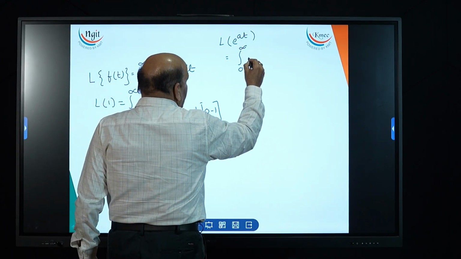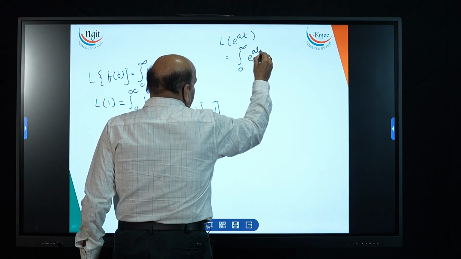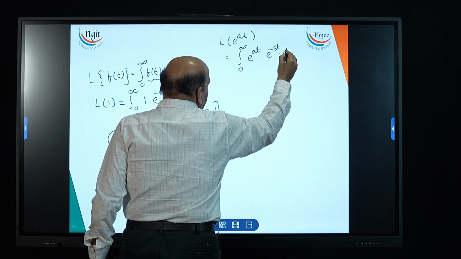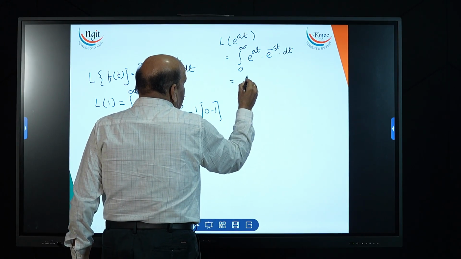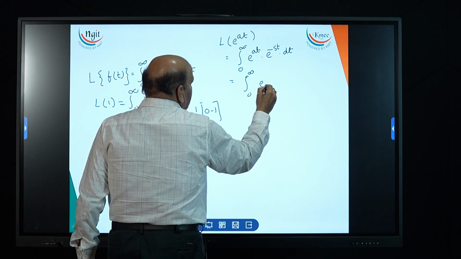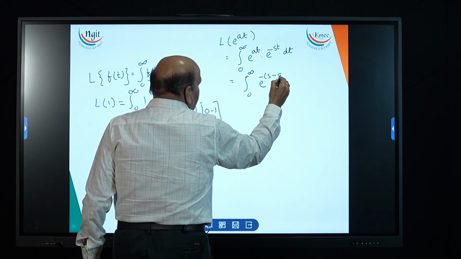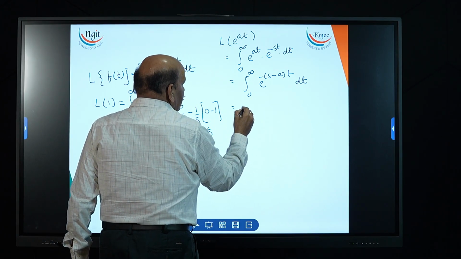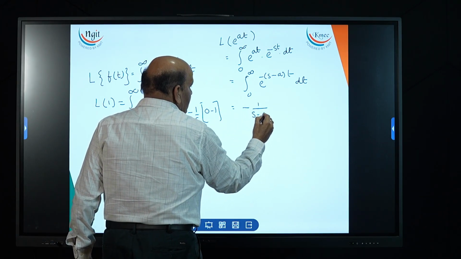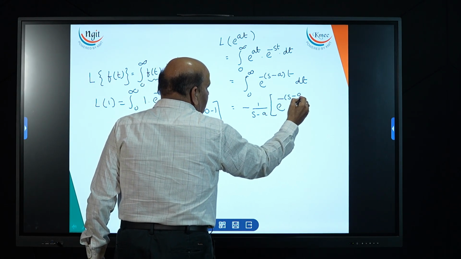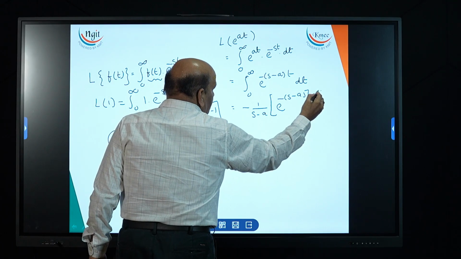This is equal to, applying the formula, e power at into e power minus st into dt. Both are exponential functions, signals. It can be written as e power minus of s minus a t dt. Now directly integrating, the constant is 1 by s minus a, with e power minus s minus a t between 0 to infinity.